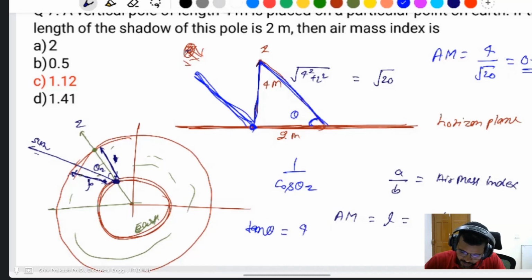Tan theta is 4 by 2. Theta is equal to 63.43.